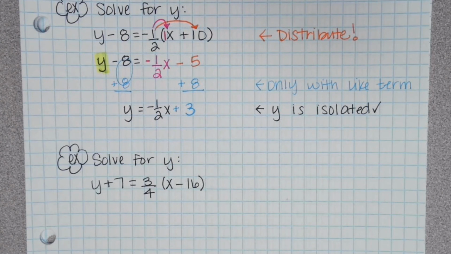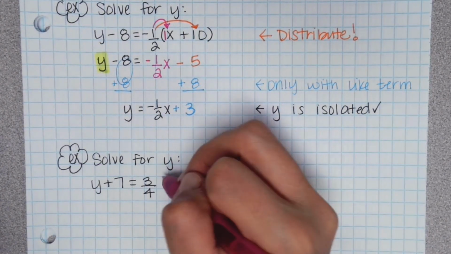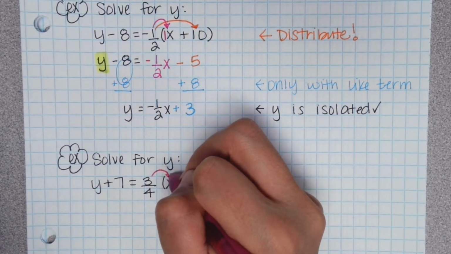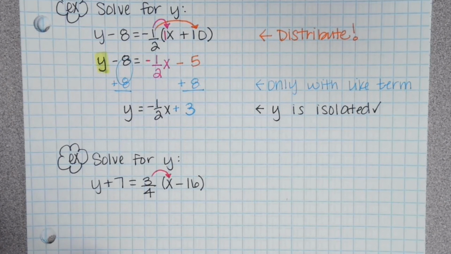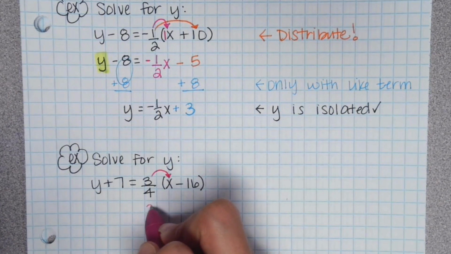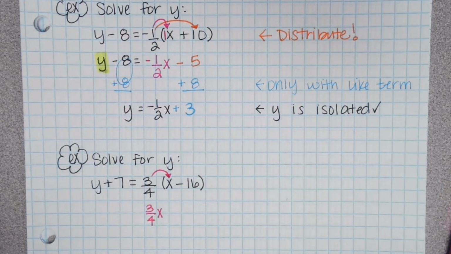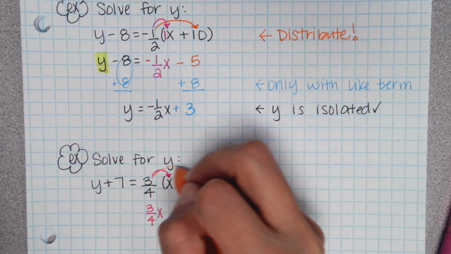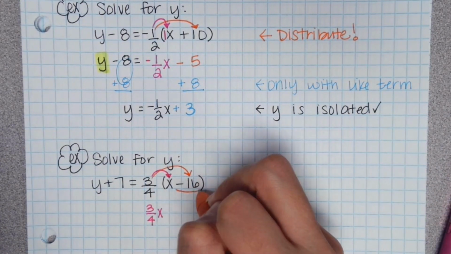Distribute. Okay, so what am I distributing? The 3/4 to the x and the negative 16. So 3/4 times x is 3/4 x. And then you told me to distribute to the negative 16 as well, so 3/4 times negative 16.